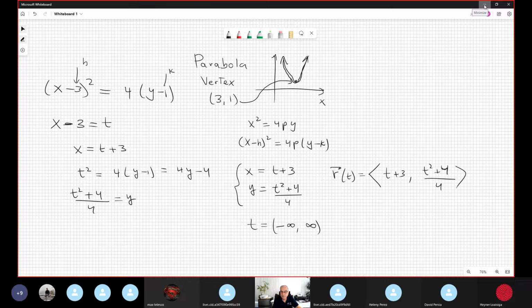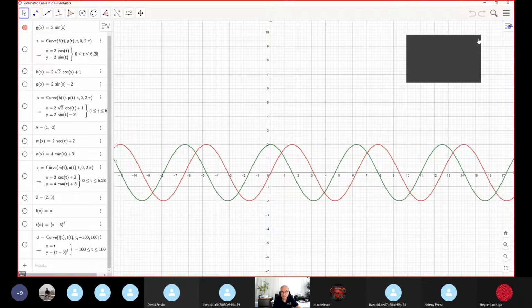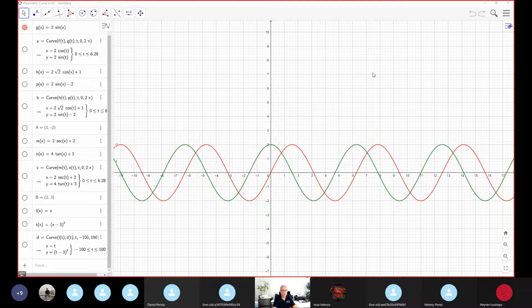There you go. Let me share the screen. Parametric in 2 dimensions. Do you see that? Tell me, do you see it?